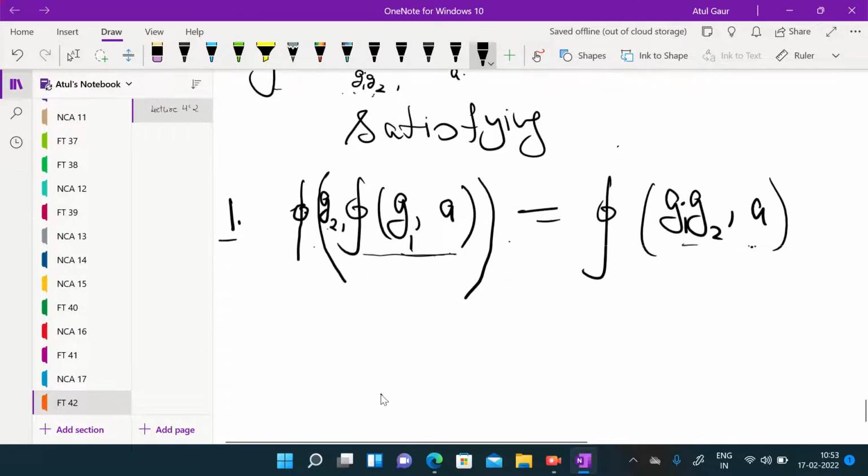So that's the first thing. Number two, because you have a group, a group has an identity element too, right?